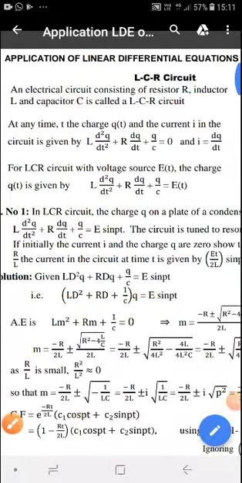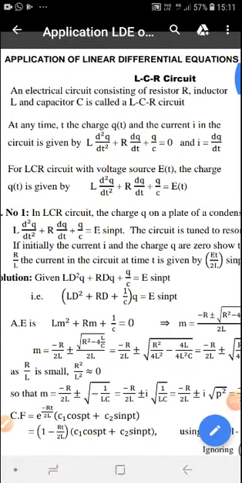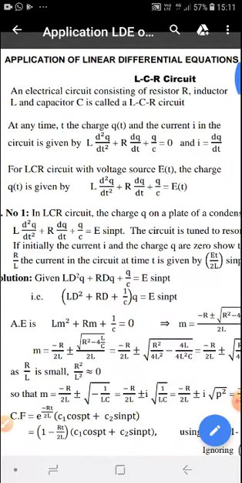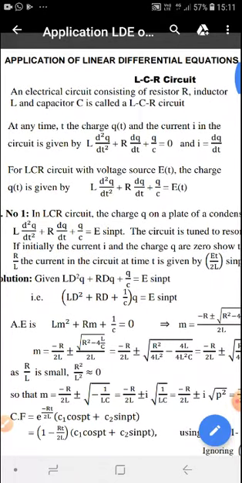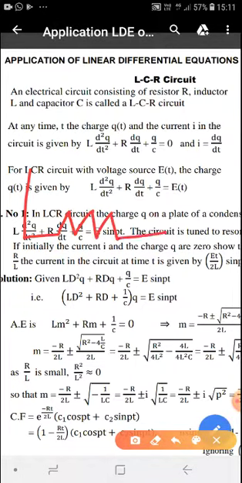As an application of linear differential equation of higher order, we shall see LCR circuit. An electrical circuit consisting of the resistor R, inductor L and the capacitor C is called as LCR circuit.